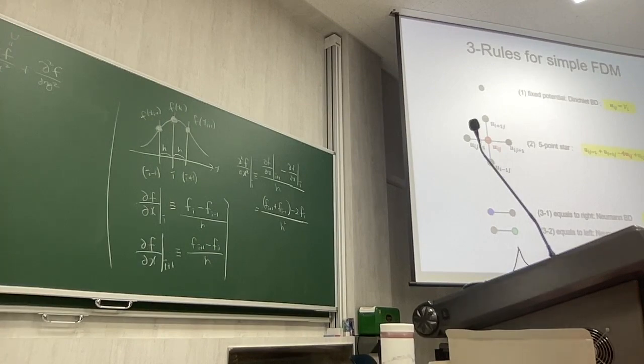Then along the x-axis, that is 1 over h square times u_(i+1)j plus u_(i-1)j. These are the two sample data points from the neighboring points, and minus twice u_ij. This is the round x square round square u.